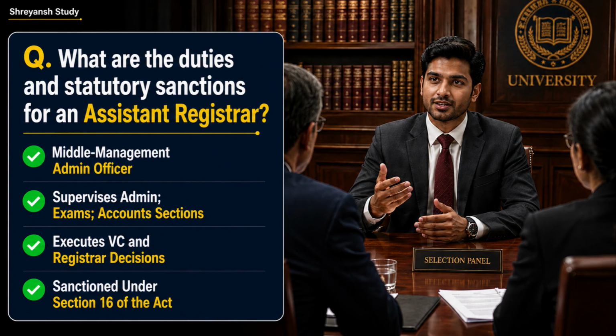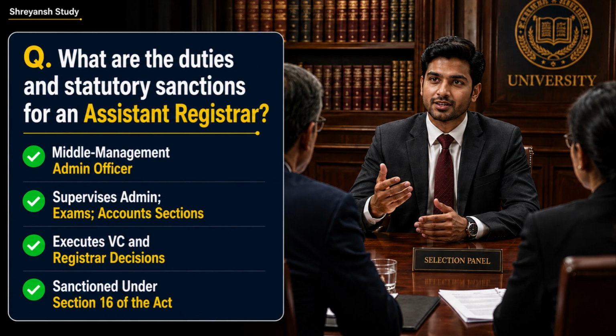As an assistant registrar, my role is that of a key middle management administrative officer. The duties involve exercising supervisory control over allotted sections, administration, establishment, academic, examination, or store or procurement, managing file movements, interpreting service rules, and executing decisions passed by the VC and registrar.